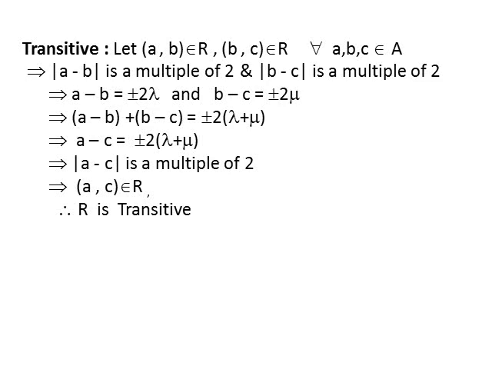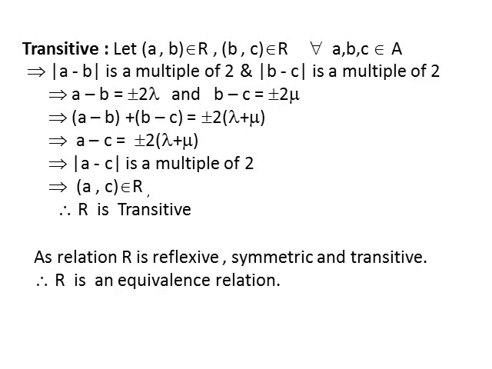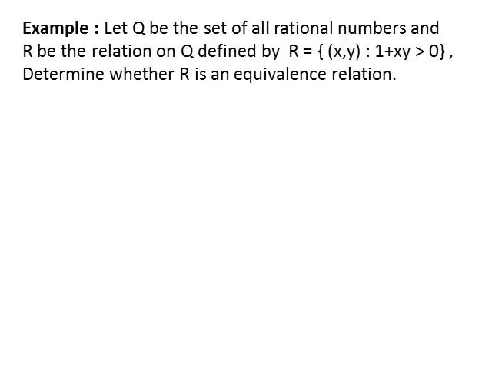This implies a minus c is a multiple of 2. So, mod a minus c is also a multiple of 2. This implies ordered pair (a, c) belongs to relation R. Therefore, R is transitive. As relation R is reflexive, symmetric and transitive, therefore R is an equivalence relation.